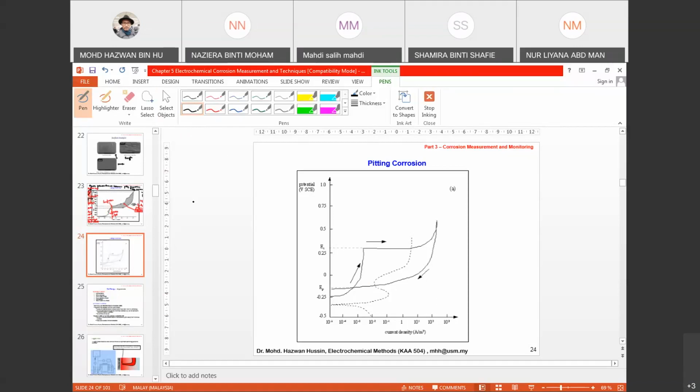Two samples, one with inhibitor and the other without inhibitor. Maybe with inhibitor you will notice that it will be like this.